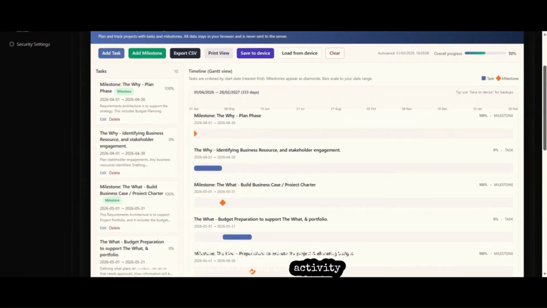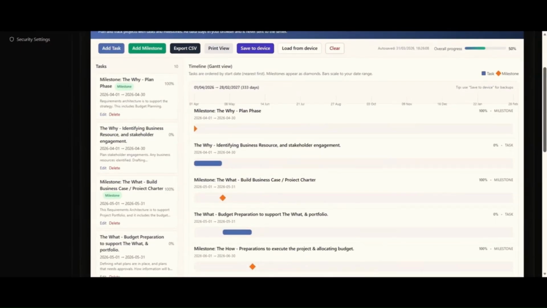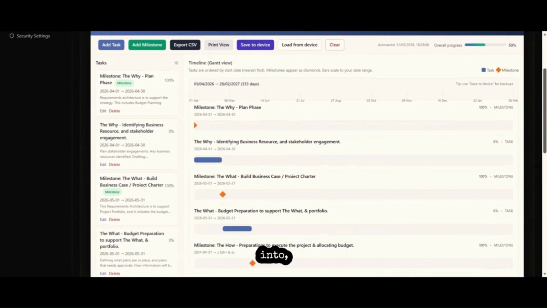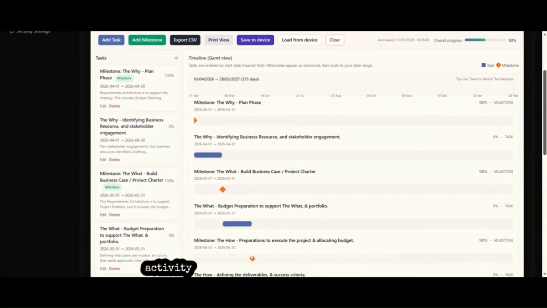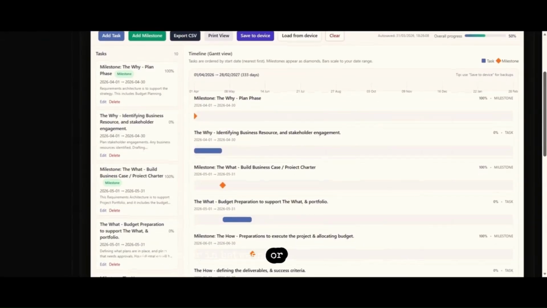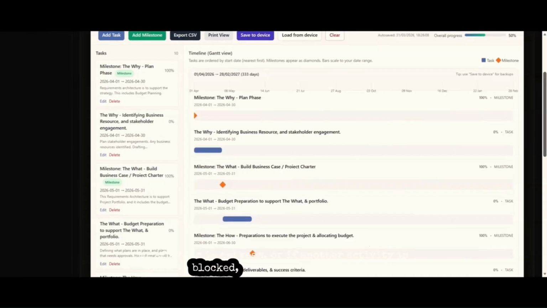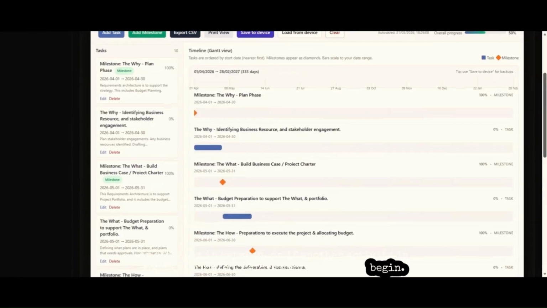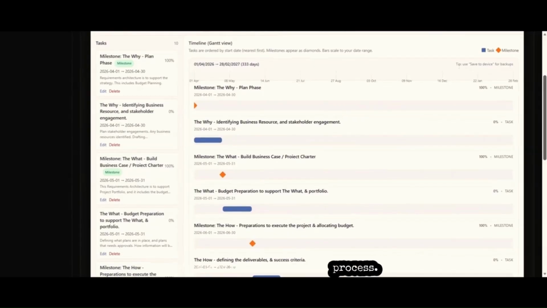That shows you the activity in sequence, or not yet in sequence, but the type of activities that you're going to need. So you could look into figuring out what activity as a dependency needs to happen first or after or in between, or if another activity is going to be blocked before another one can begin. So like a critical path analysis, which activities fall into what critical path along the process.